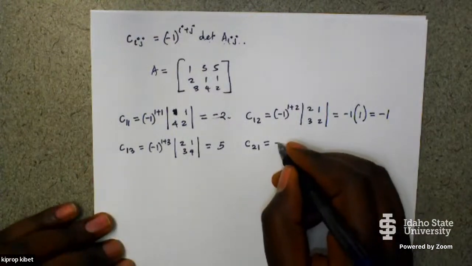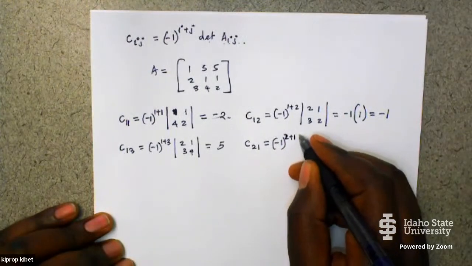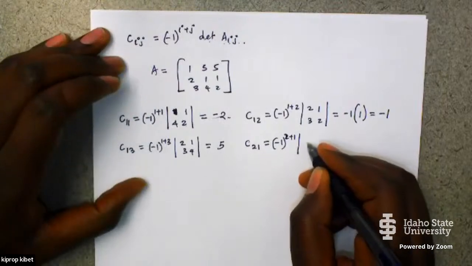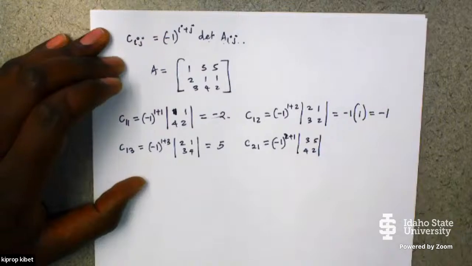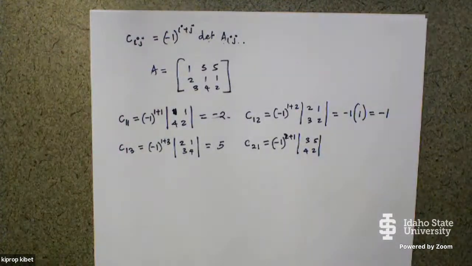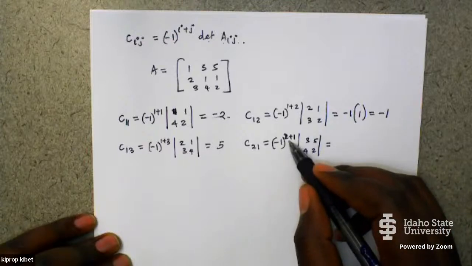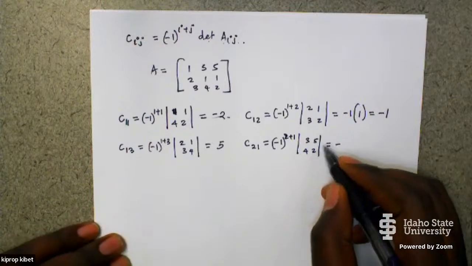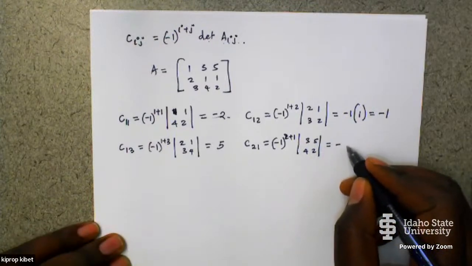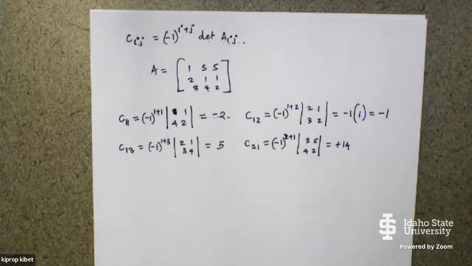So minus 1 raised to 2 plus 1, determinant of 3, 5, and then 4, 2, which is minus 6 minus 20, which is plus 14. It's 14.